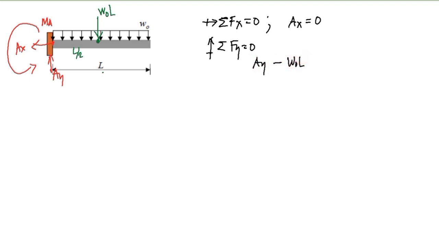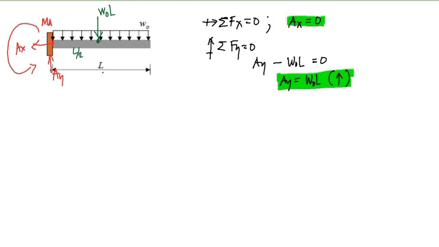And wala na, dalawa lang naman sila. This is equal to 0. So meaning we have AY is equal to WOL. And that's positive. So meaning tama yung assumption natin na AY is directed upward. So this is our answer for the reaction AY.